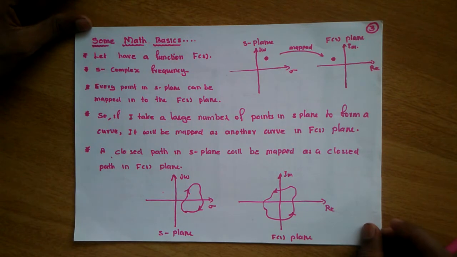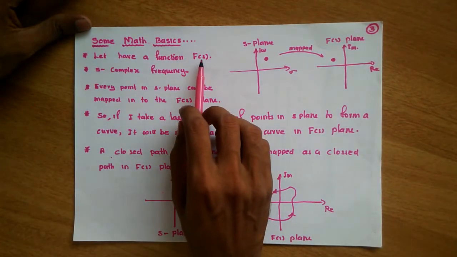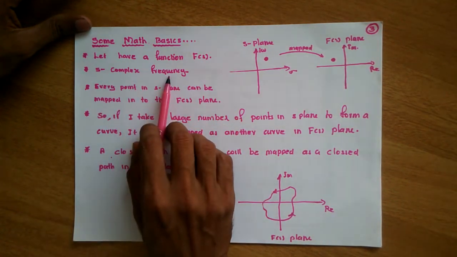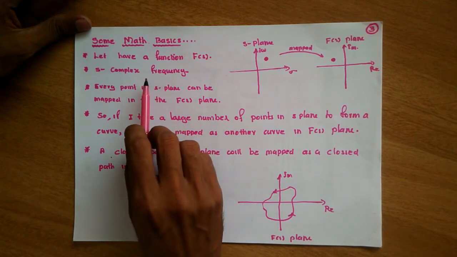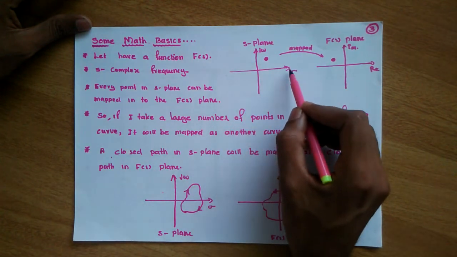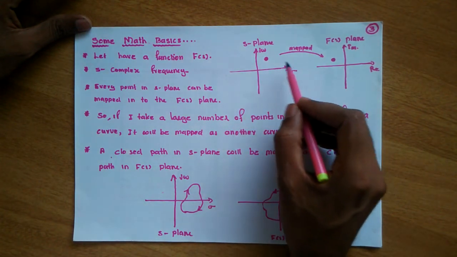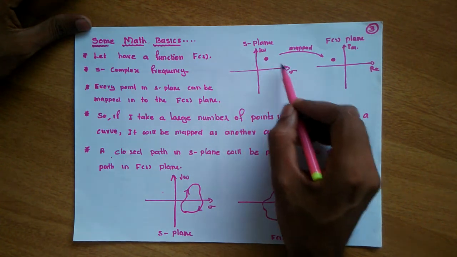So now let's get into some of the maths needed for Nyquist stability criterion. So I'm assuming I'm having a function f of s, where s is the complex frequency given by sigma plus j omega, and I'm representing the s variable in a plane called s plane given by a real axis sigma and an imaginary axis of omega.